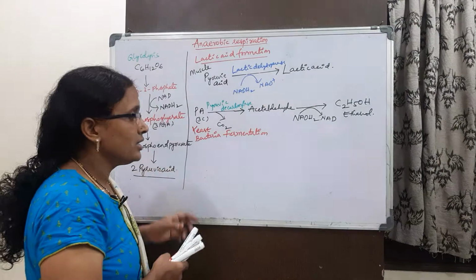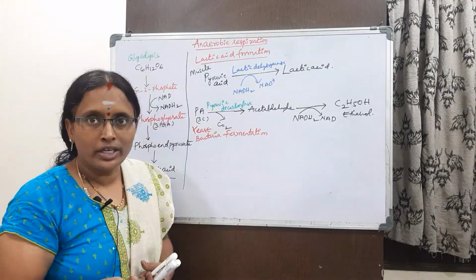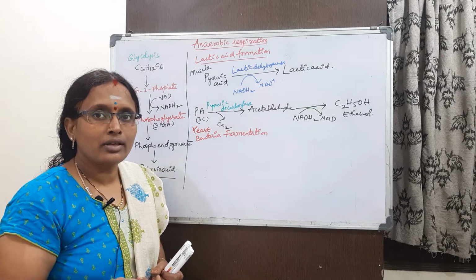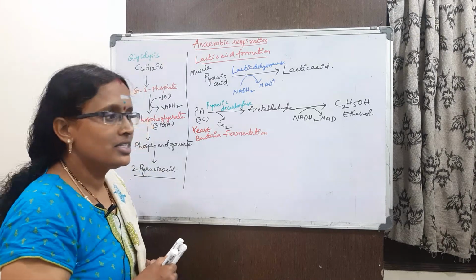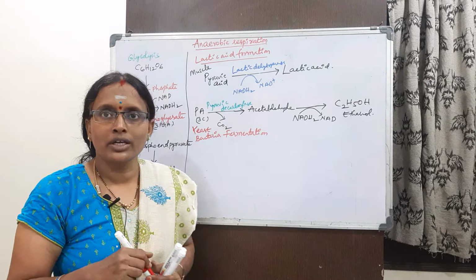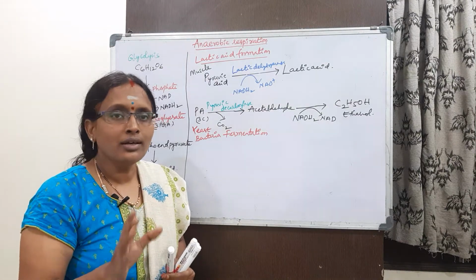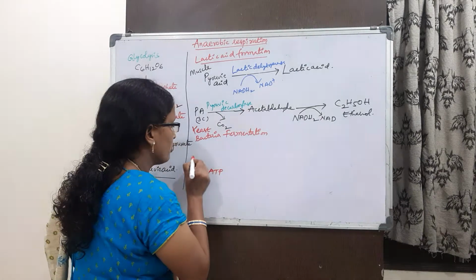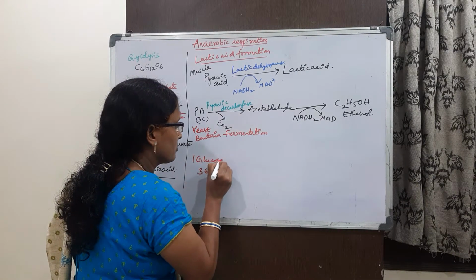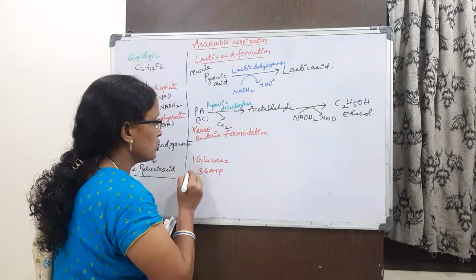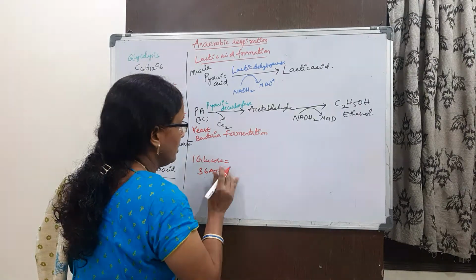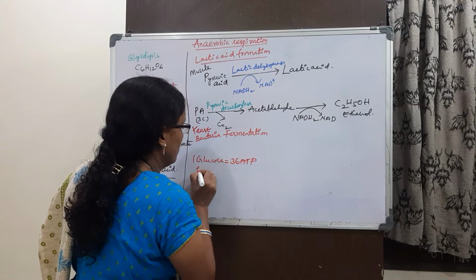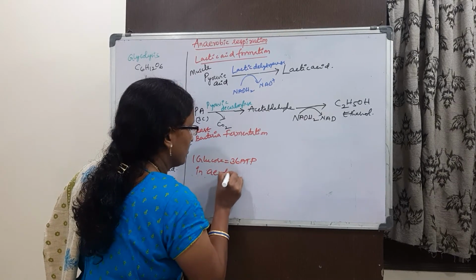If pyruvic acid enters aerobic respiration, then it enters the Krebs cycle and further produces 36 ATPs. 36 ATPs are produced from one glucose in aerobic respiration.